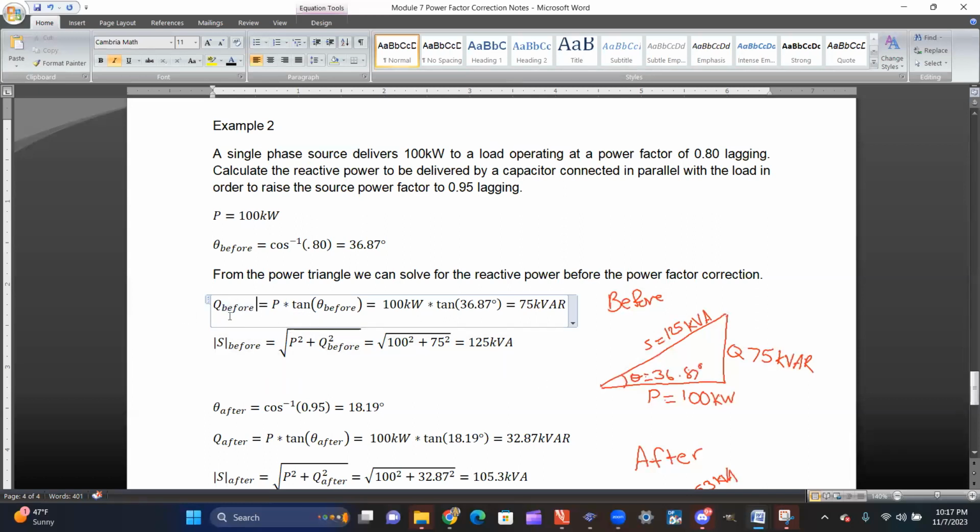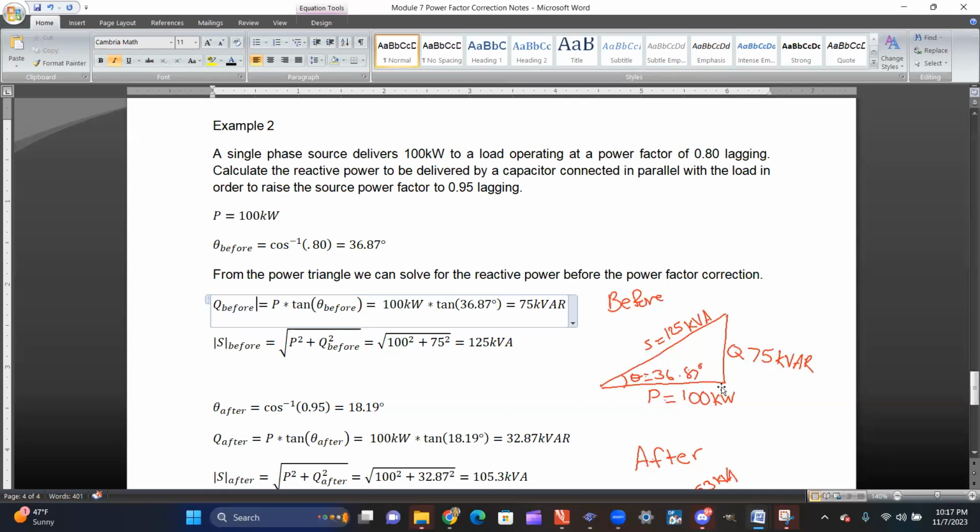All right, so Q before is equal to P times the tangent of theta, the phase angle before. So we got 100 kilowatts times the tangent of 36.87 degrees, which is 75 kilovars. So we're going to write 75 kilovars right here.